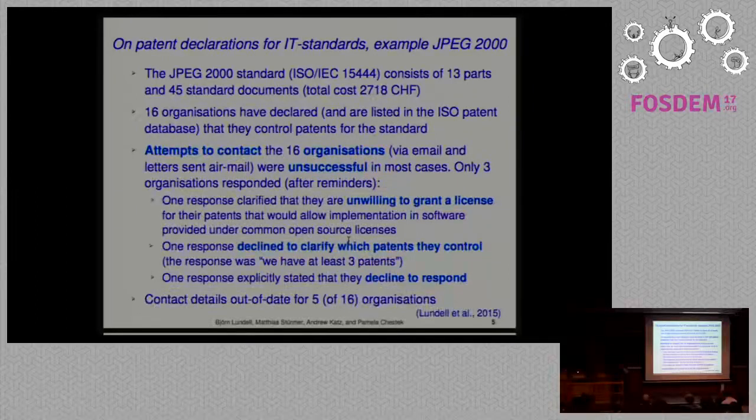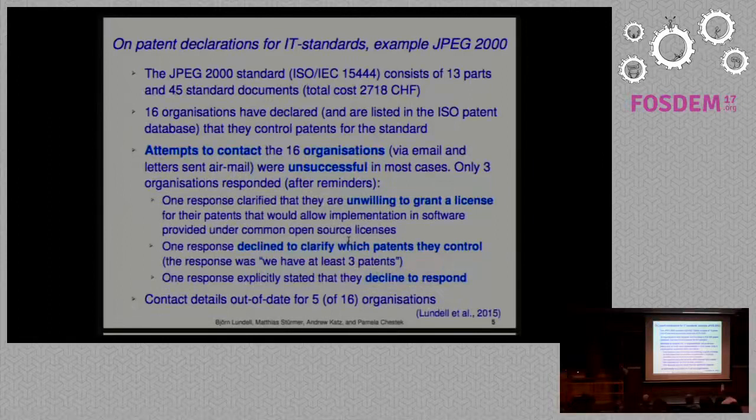The other ones we couldn't get access to, despite the fact that they have committed themselves under the ISO regulations to respond. And the 3 that we were able to get in contact with, we were very unlucky, or it was not so easy, so we couldn't clarify this as part of the study.